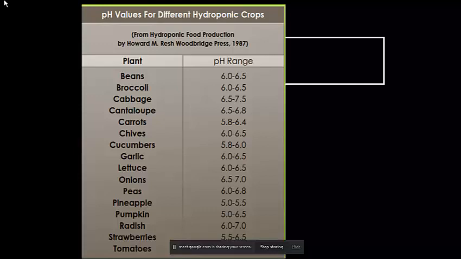Chives, same. Cucumbers 5.5 to 6, a little lower. Garlic 6.5. Lettuce 6.5. Onion 7. Peas 6. But pineapple 5 to 5.5. You should strictly maintain the pH. If you are not strictly maintaining the pH, your plant is going to die no matter how many nutrients you are providing. Similarly, strawberry, tomato, right?